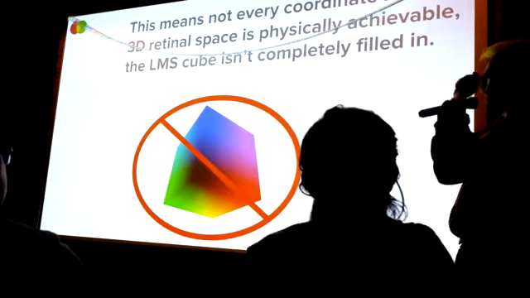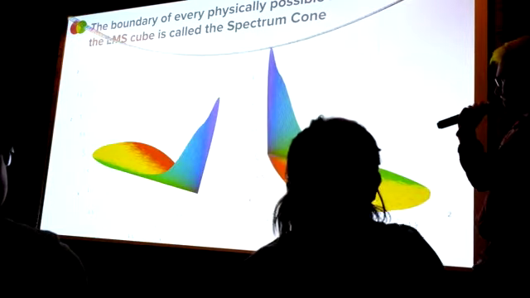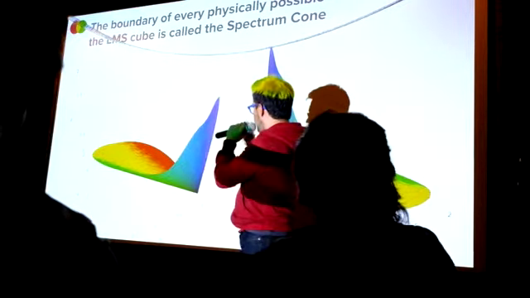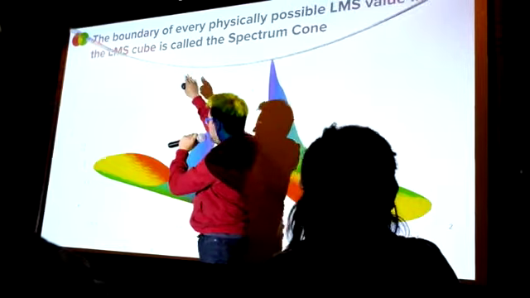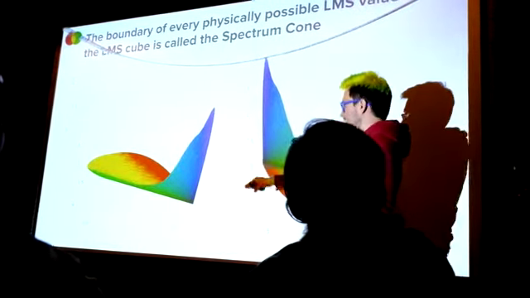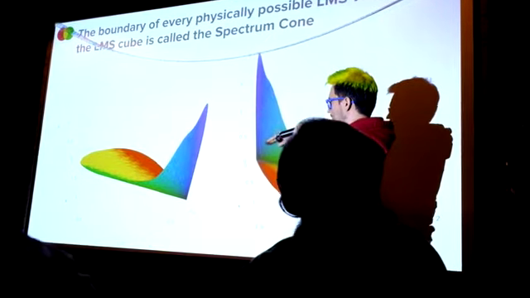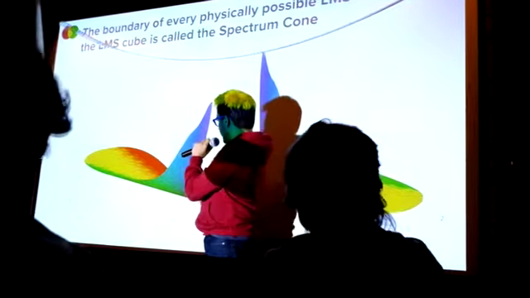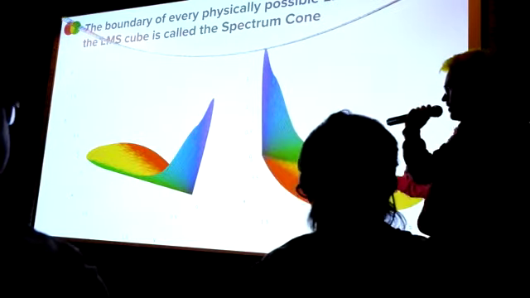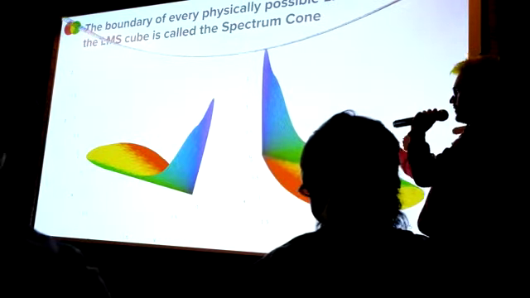Next slide. Okay, so usually there are some lines here, but with the projector you can't really see them. This cube represents the ideal LMS cube, where each dimension is one of the cones. And then this crazy waffle cone in the middle is all the values that can actually occur in real life.